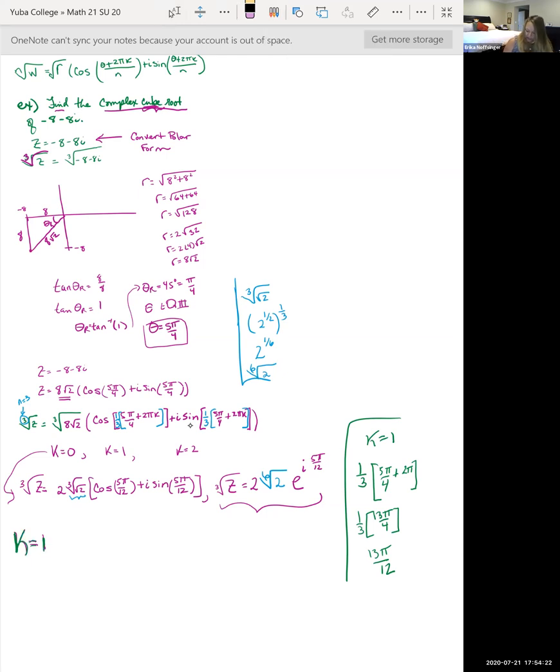So the cubed root of z, if you wanted it in this polar form, let's just rewrite that 2 cubed root of the square root of 2 as what we found to be 2 6th root of 2, cosine of our angle, which is 13 pi 12ths, plus I sine of 13 pi 12ths.